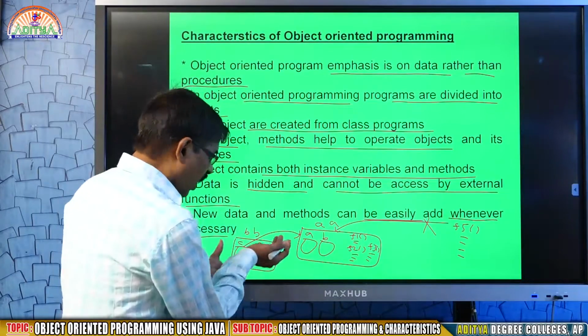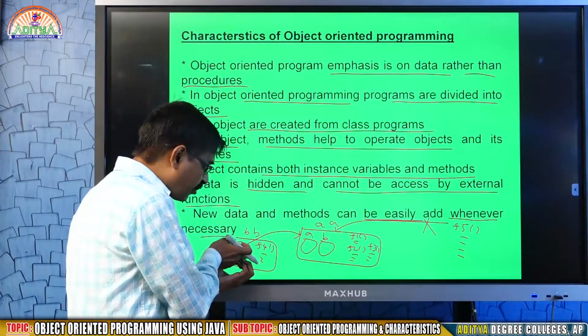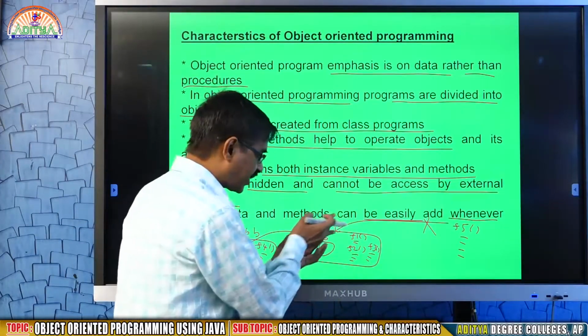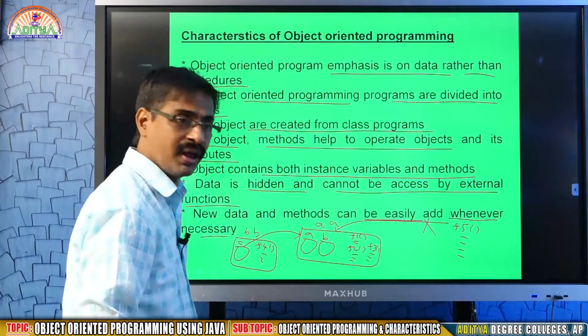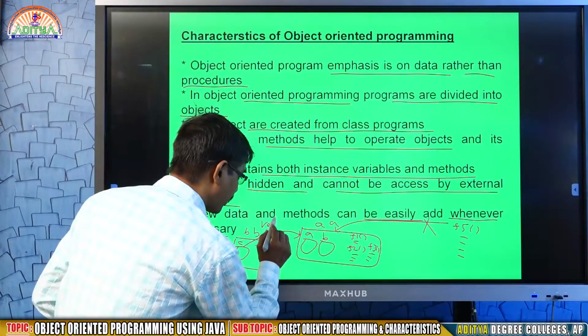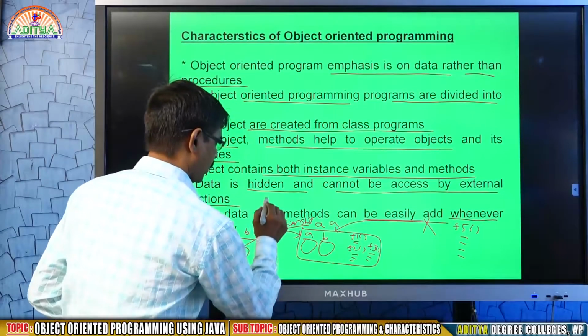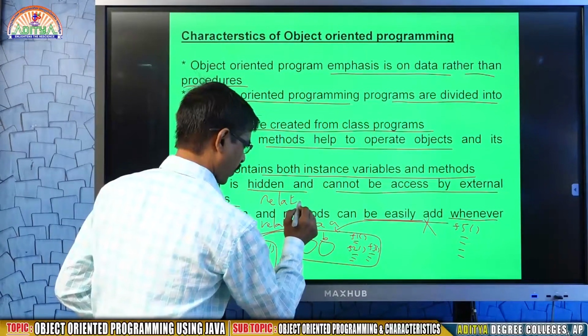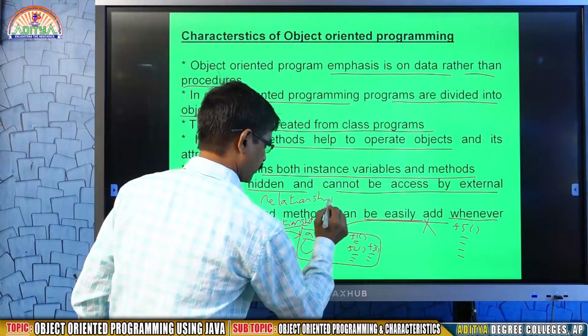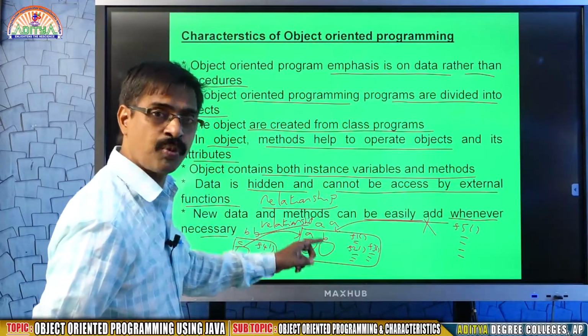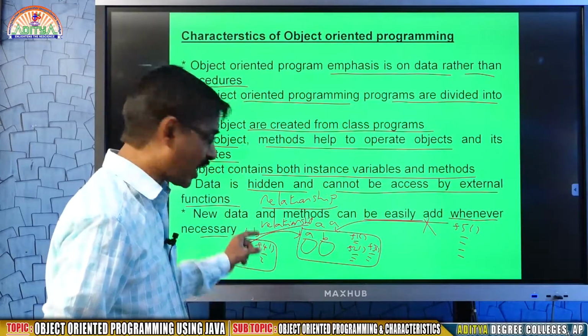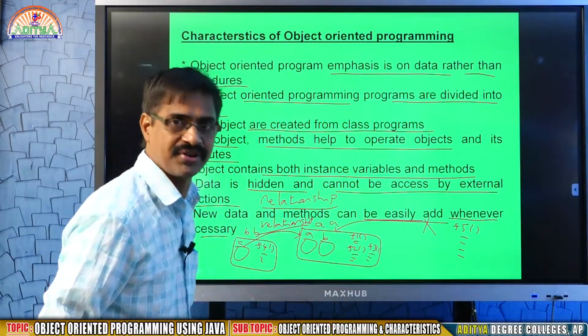Of course, the content of BB is not possible to access by AA, and the content of AA is not possible to access by BB. But if you create a relationship, then it is possible to operate the other object from your object.